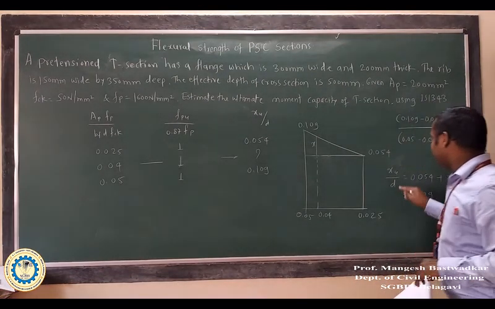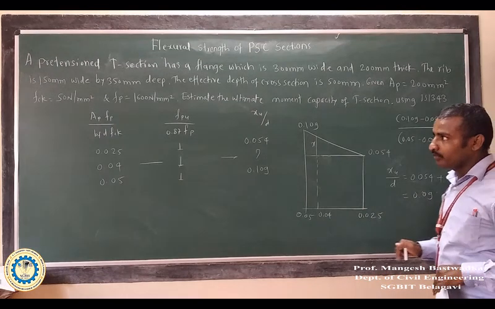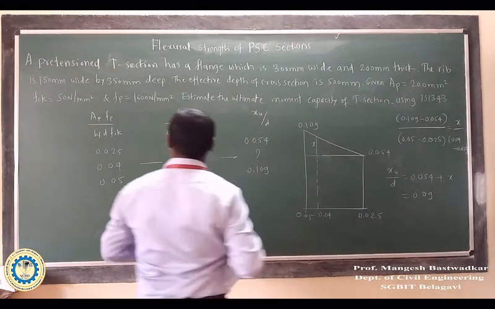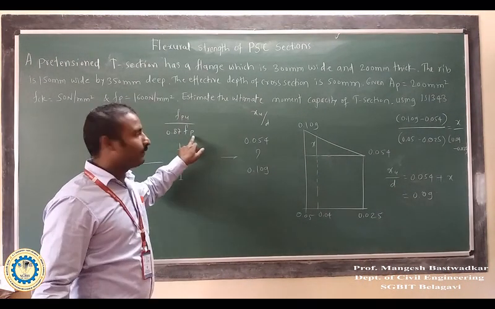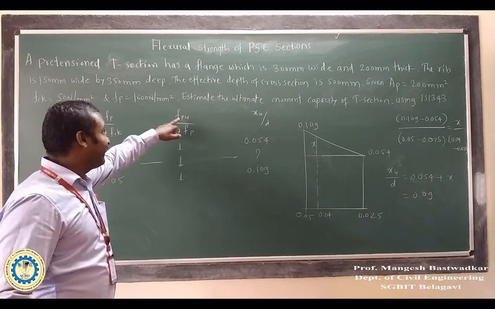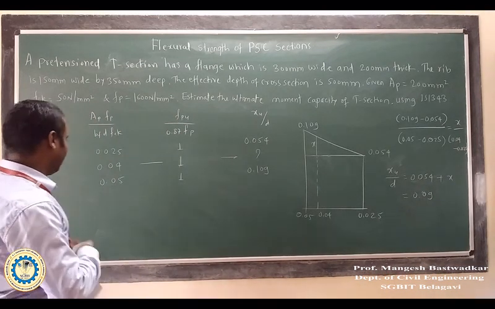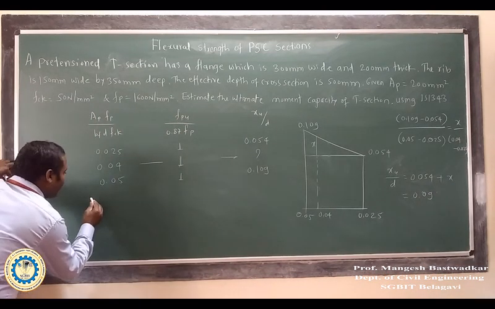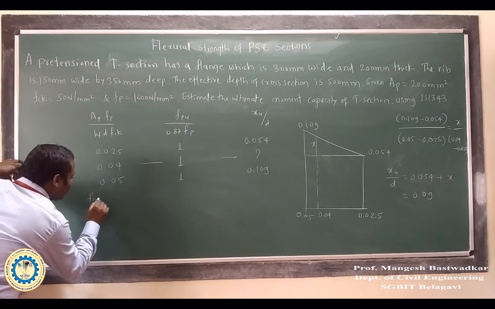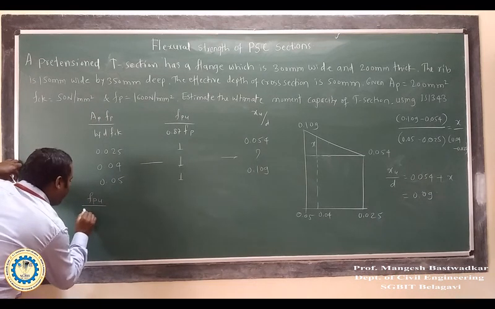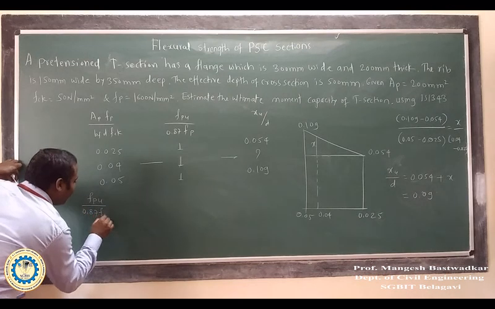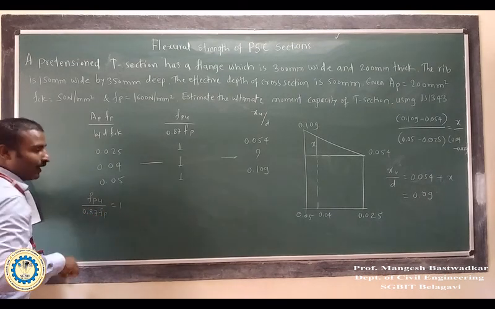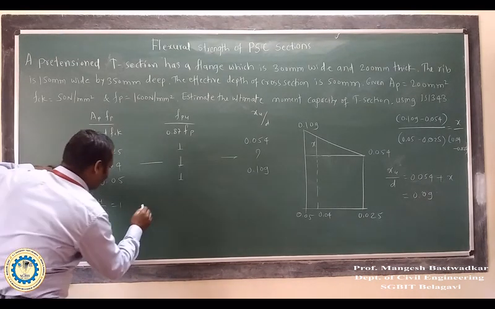Once you get the XU by D value and the FPU by 0.87 FP value, you can easily calculate the effective pre-stress. So now we will calculate it. FPU by 0.87 FP is given as 1.